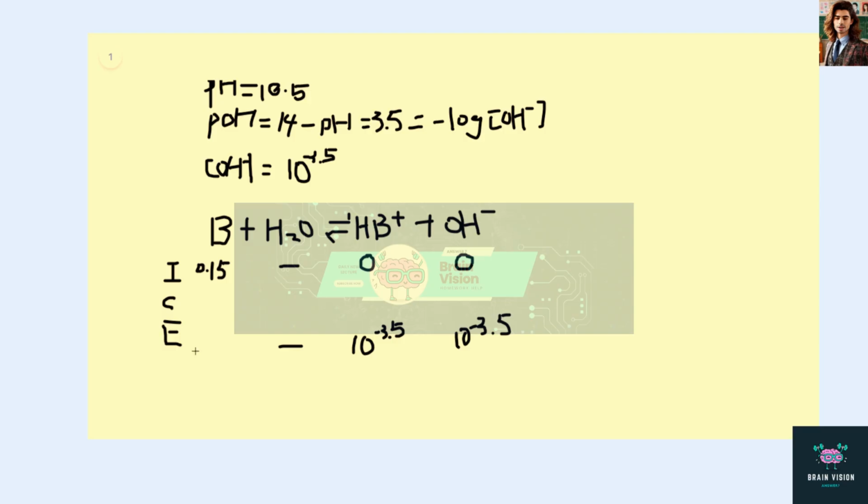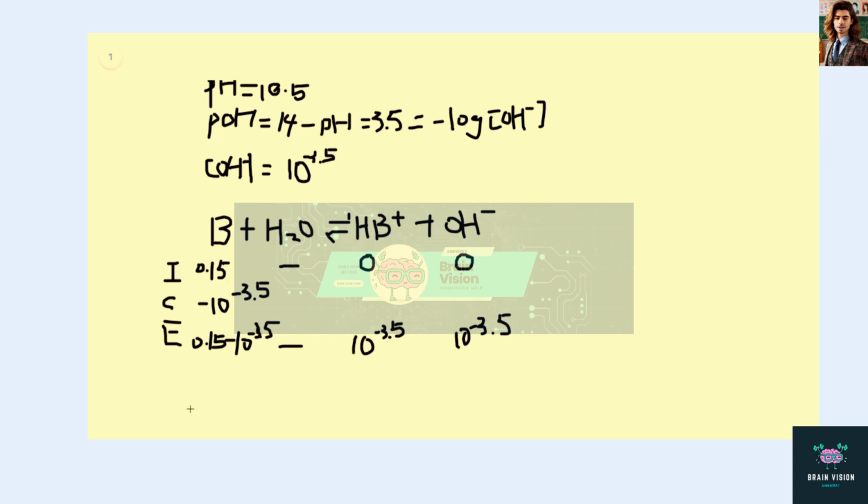So in this case, at equilibrium stage, we see the increase in both protonated base and hydroxide. On the other side of this equation, the concentration of base would decrease. So at equilibrium stage, the concentration of the base would be 0.15 minus 10 to the power of negative 3.5.